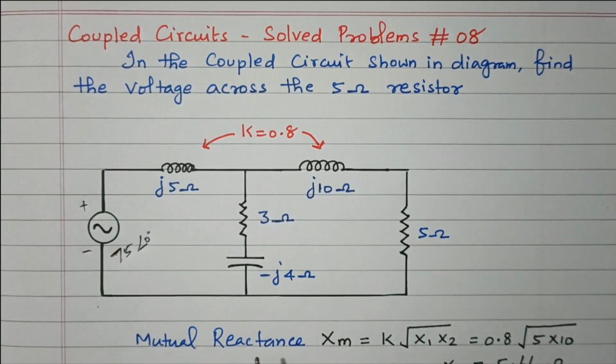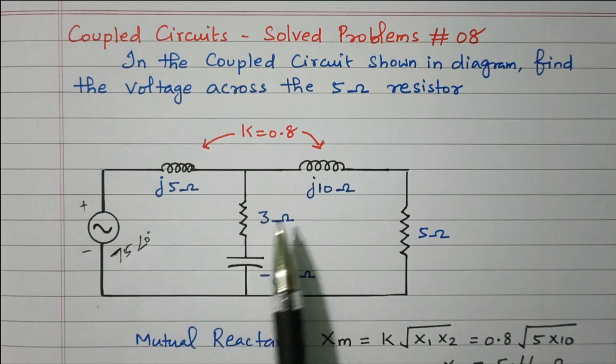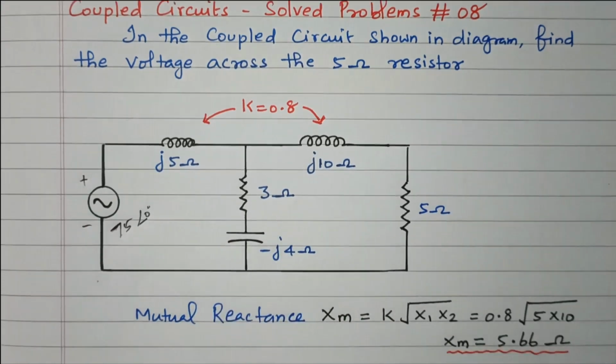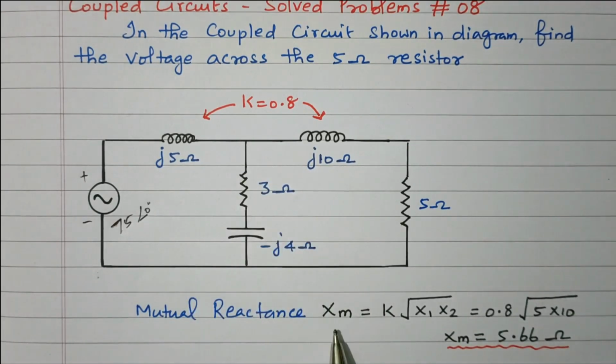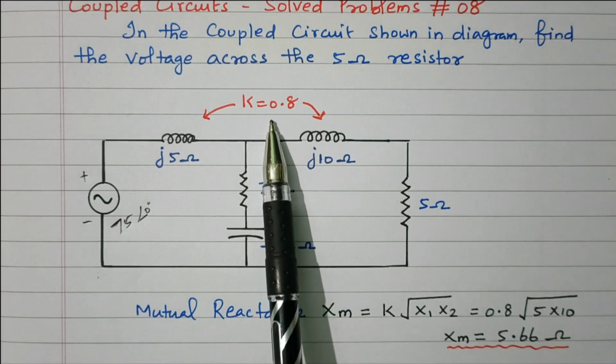So first we will find the mutual inductance. This is coming under coupled circuit. Two inductors are available, coupled together. So first we will find the mutual reactance between these two inductors. That is Xm equal to K into square root of X1 X2. This K value is given as 0.8.